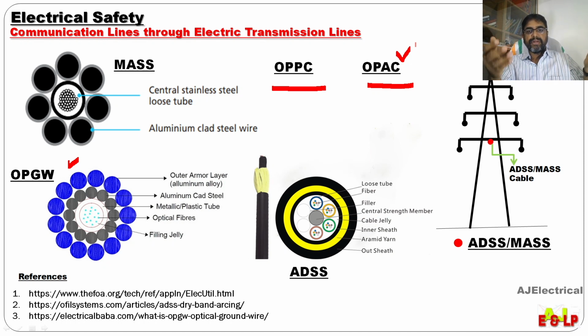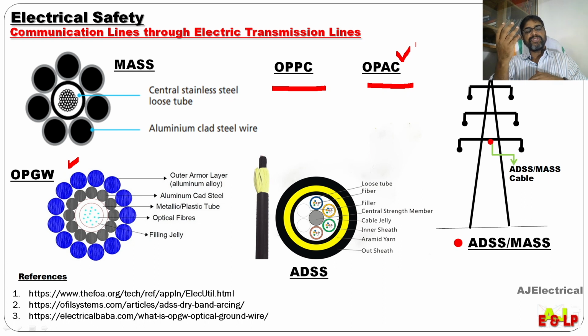Then about ADSS, I told you regarding a disadvantage that it will be affected by corona effect and dry band arcing. See, then regarding the electrical safety, along with the construction of the towers itself, such communication lines will be done, and the inspection will be done through the electrical inspector, and the permission will be given.